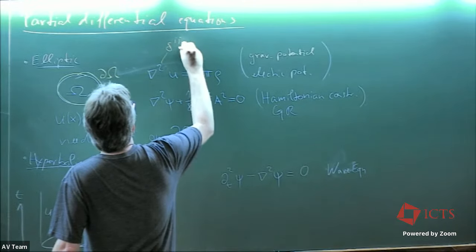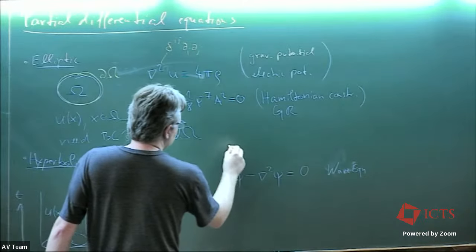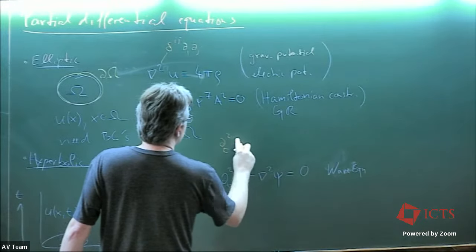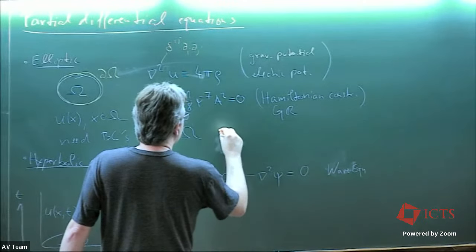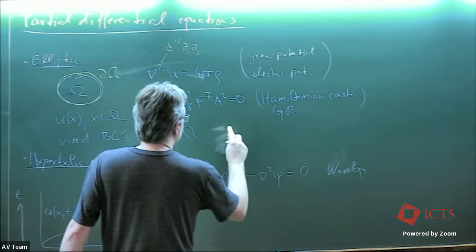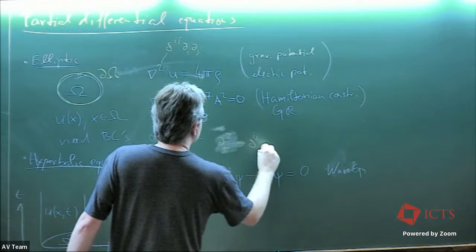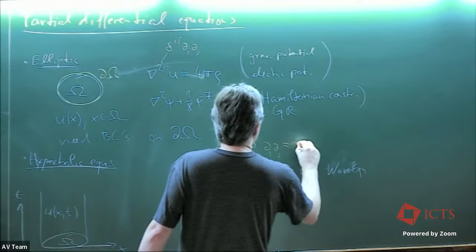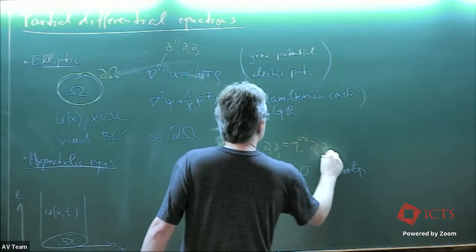delta ij times di dj, and if you write out this operator down here as dt squared minus delta ij di dj, which is the same as the space-time metric eta ab times dA dB.